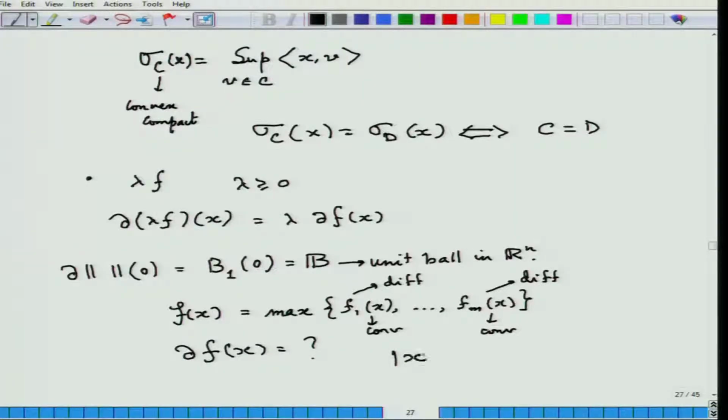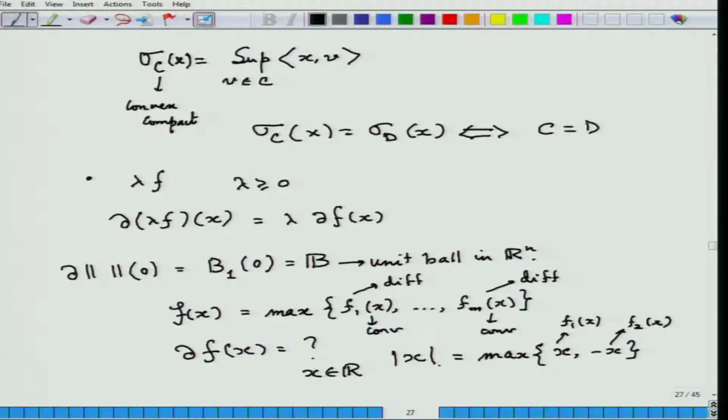For example, if you look at the standard well known example which we had been giving in the last lecture, the absolute value of x when x is in R. This can be written as the max of x and minus x, these two functions. So, this is my f1 of x and this is my f2 of x.